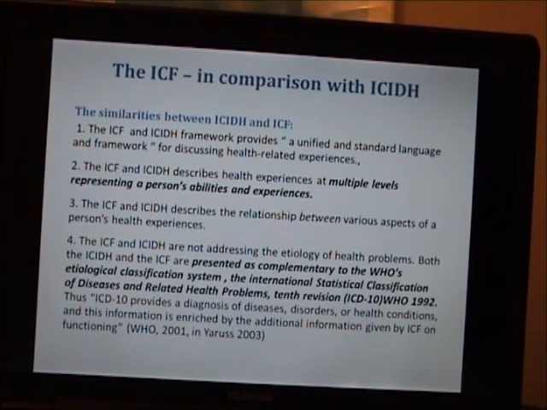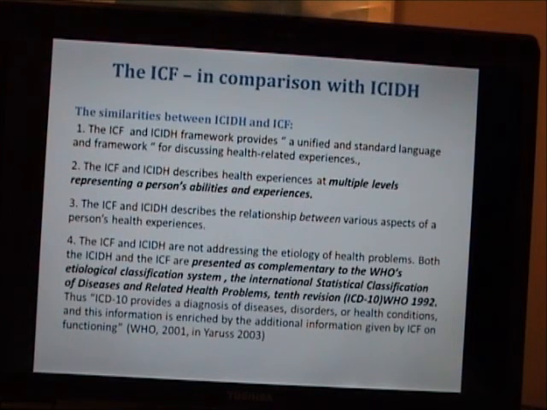Fourth, the ICF and ICIDH are not addressing the etiology of health problems. Both the ICIDH and the ICF are presented as complementary to the WHO's etiological classification system, the International Statistical Classification of Diseases and Related Health Problems, 10th revision from 1992.